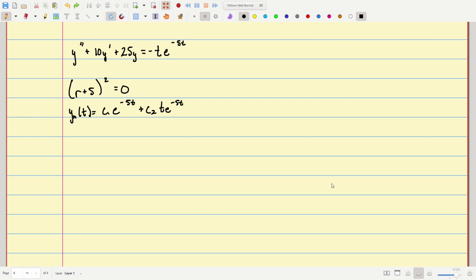All right, sorry. Now that I have correctly written down the question, we have a problem. What's our problem? The right-hand side is linearly dependent upon the homogeneous solution, right?